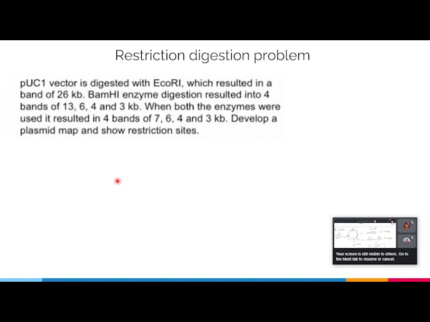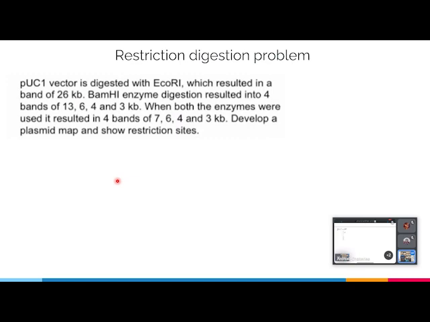So we go back to the drawing board and draw the entire scenario. Not essentially draw, but write it down. We can solve it by writing it down. So we have the pUC1 vector, and it was digested using three enzymes.